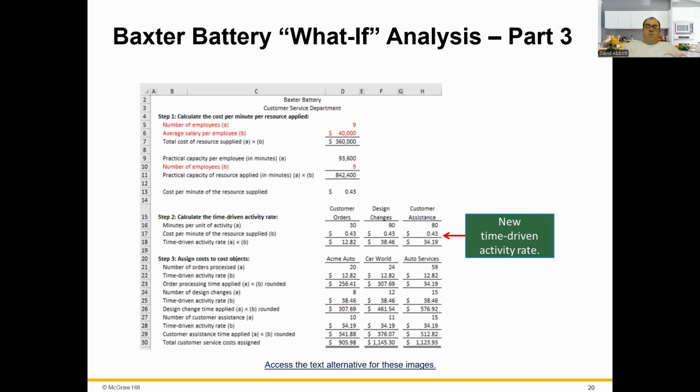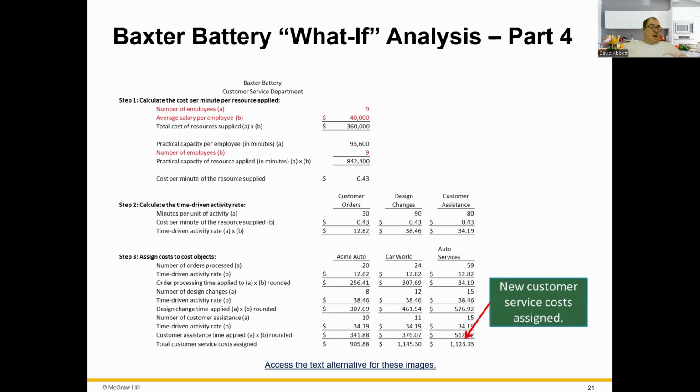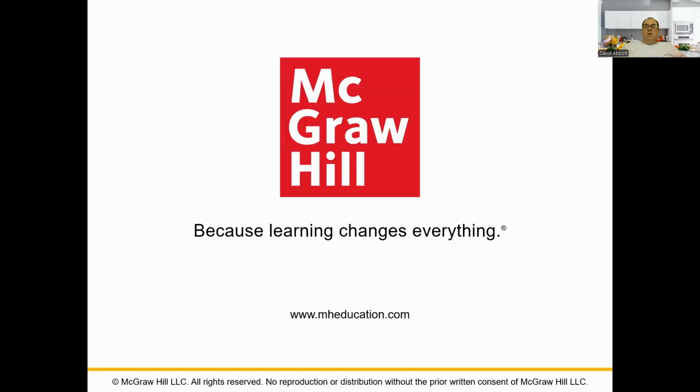If we plug that in, it's going to reduce our cost of providing each of those activities: the customer orders, the design changes, and customer assistance. And then it shows how it would affect those particular customers. You could do the same thing for the overall effect.